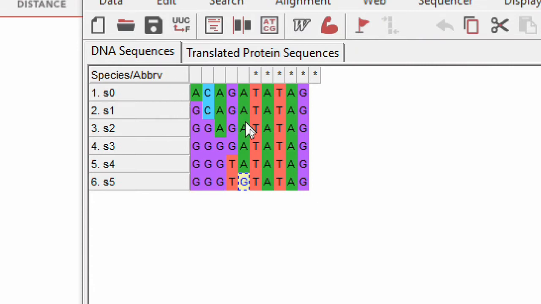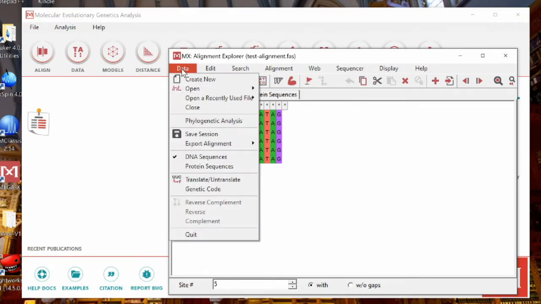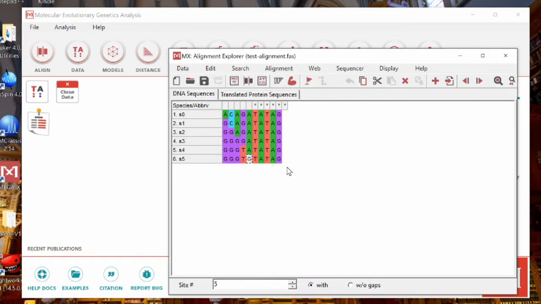So now let us analyze these sequences. On the Data tab, pull-down menu, I have phylogenetic analysis. It asks whether it's a protein or nucleotide sequence, coding sequence. It's not a protein coding sequence.